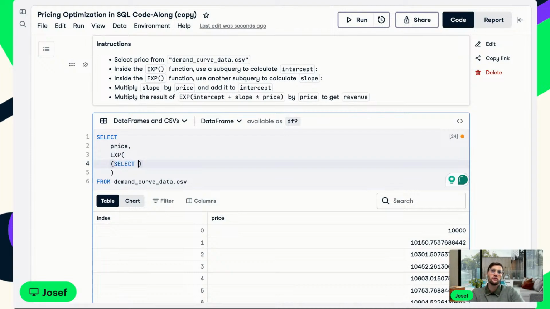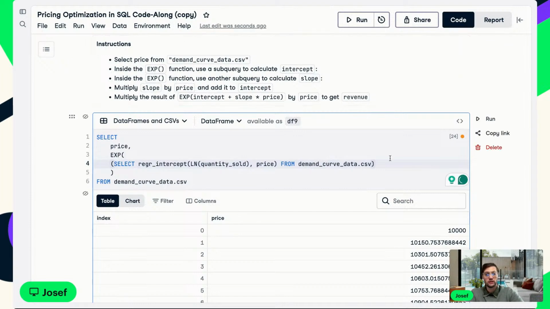Here what I want to select is the intercept first, beta 0, plus the log of quantity sold, ln, price. And I will select it from demand curve data. When you do a subquery, you need to specify your table again.